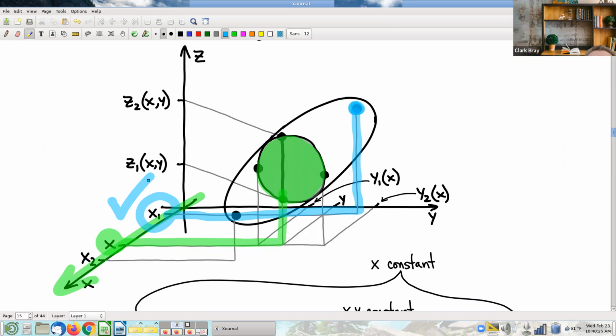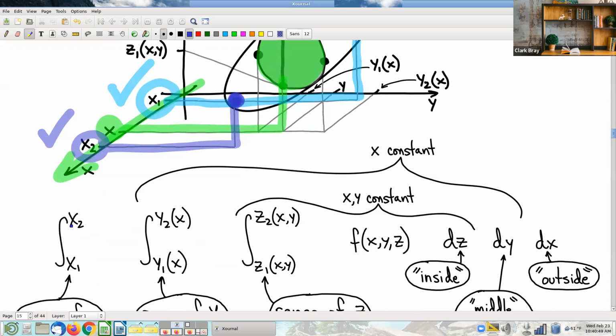Likewise, your last slice is going to be over here on the front side, where the slice perpendicular to the x-axis just barely side swipes the front end of this lump, and whatever the x coordinate of that is, that'll be your upper bound for your x integral.